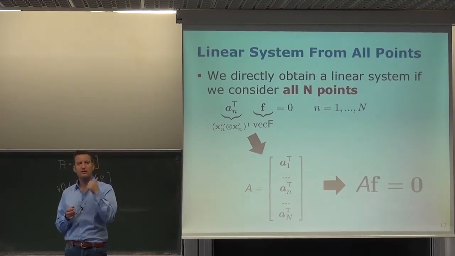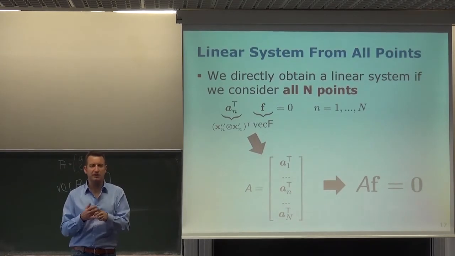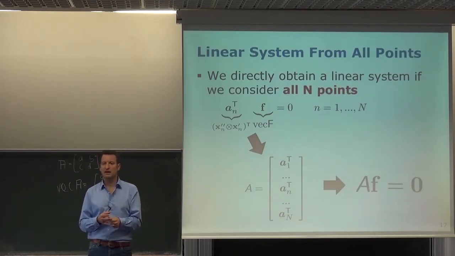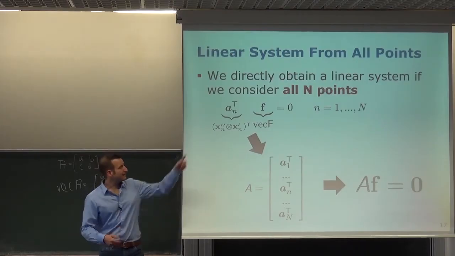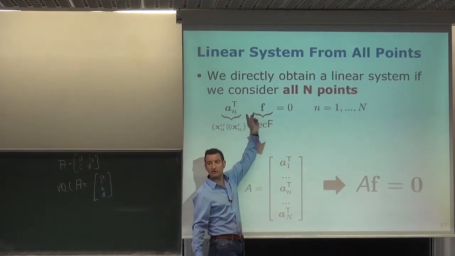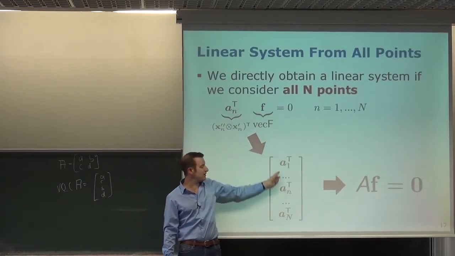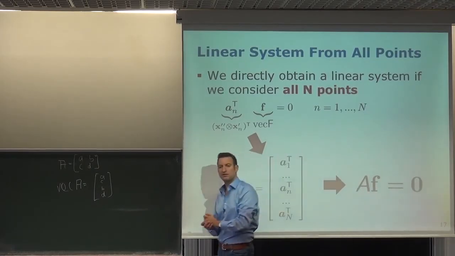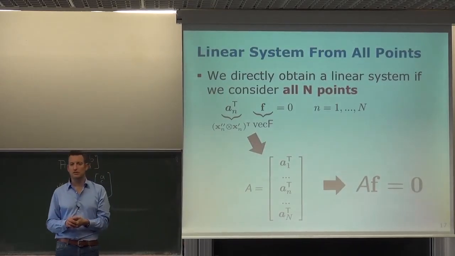I do that for one pair of corresponding points in the left and right image, and then I repeat this process for all the corresponding points that I have. So if I have n corresponding points, I get n of those products. I can simply rewrite this by taking those vectors and putting them into matrix form, and then multiply A with f equals 0. And this is my coplanarity constraint for all the corresponding points.